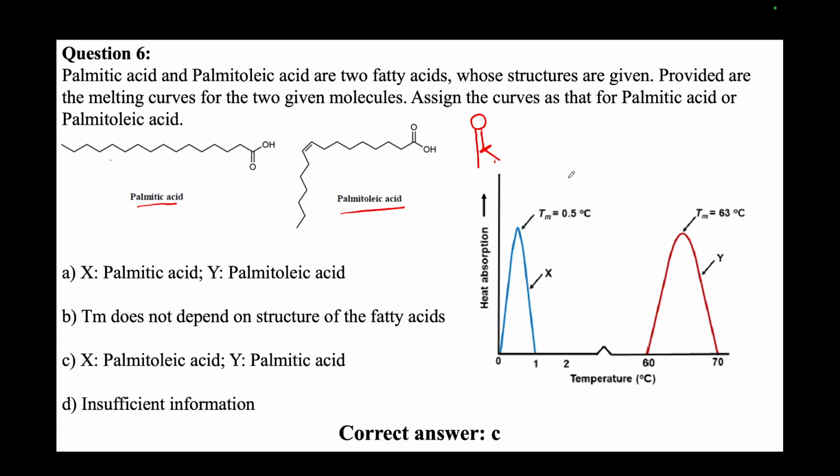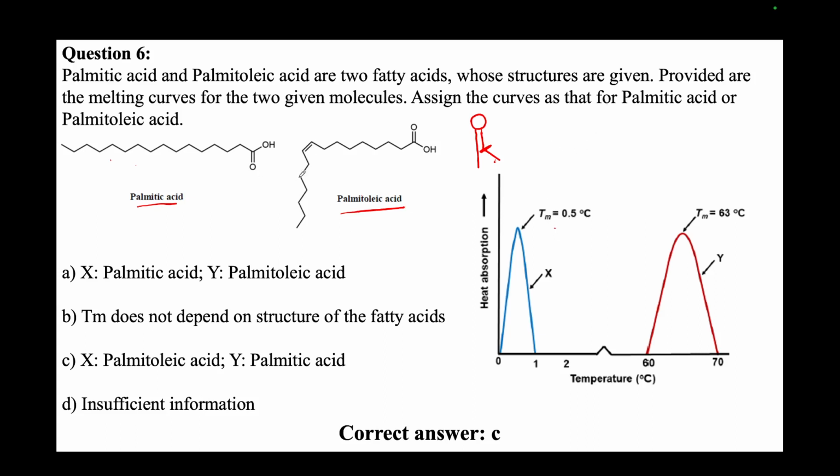And palmitoleic acid, since it already has a kink or a crack or a break, would require a very low temperature to break it off. So that means curve X is denoting palmitoleic acid and curve Y is denoting palmitic acid. So now the correct answer is option C. Do you understand how one kink is introducing such a huge difference in the melting temperature?